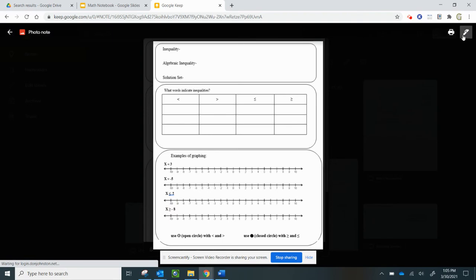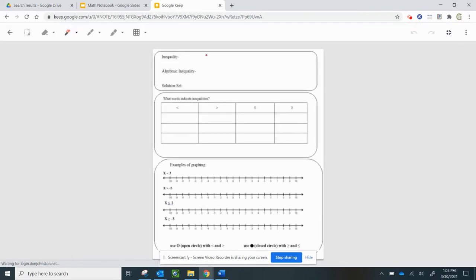And I'll click till I get the little pen. And here we go. So inequality, right? I'll just put the big part since we just wrote this stuff down, right? It's going to be where it's not equal.